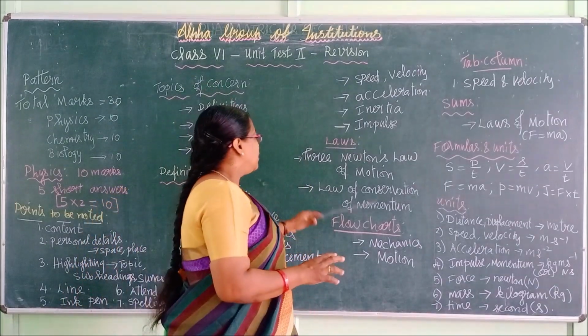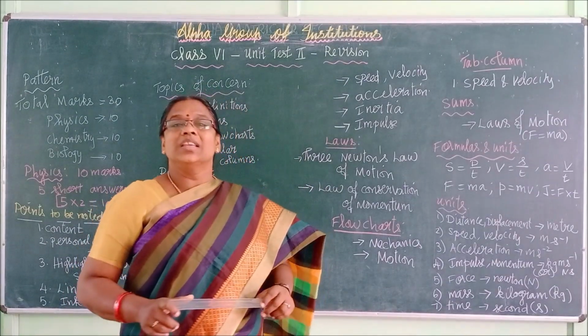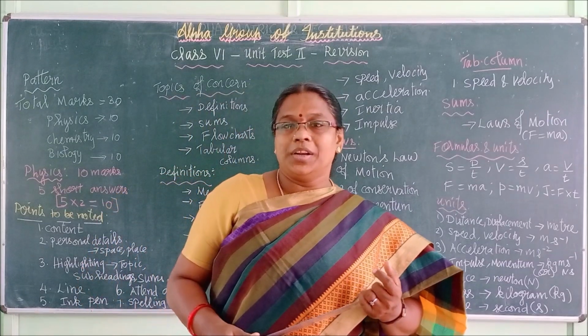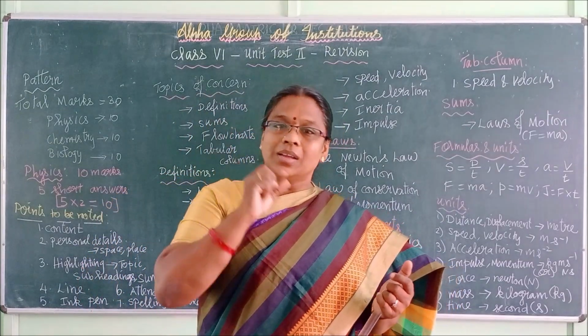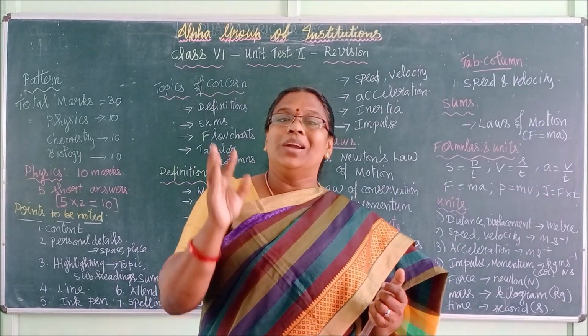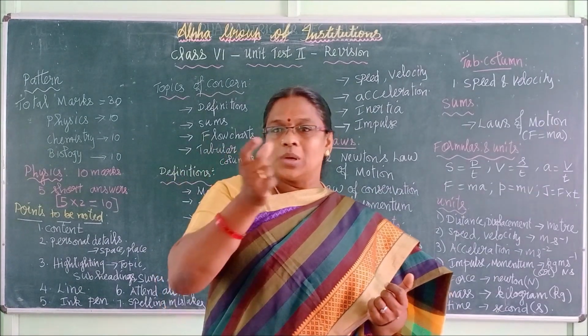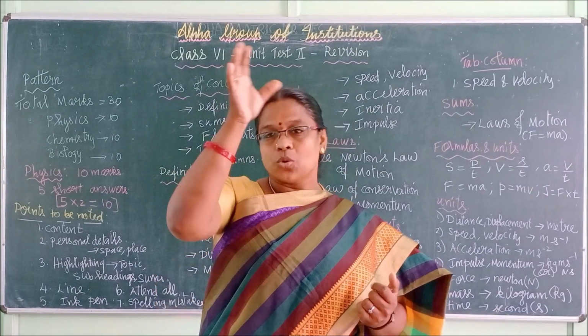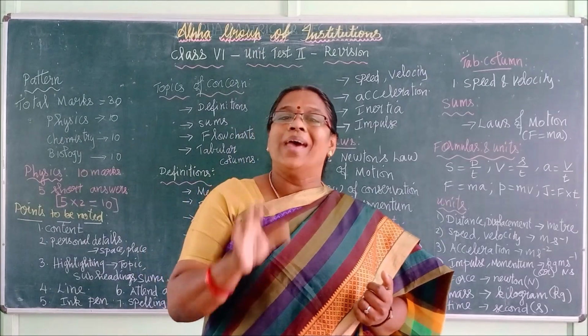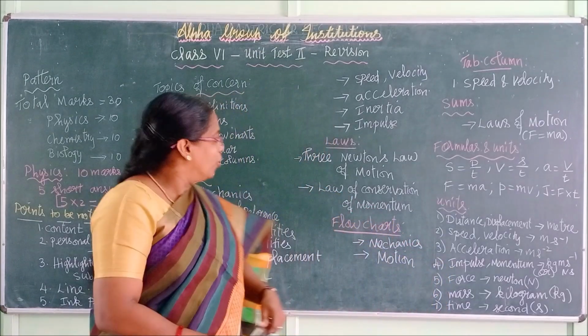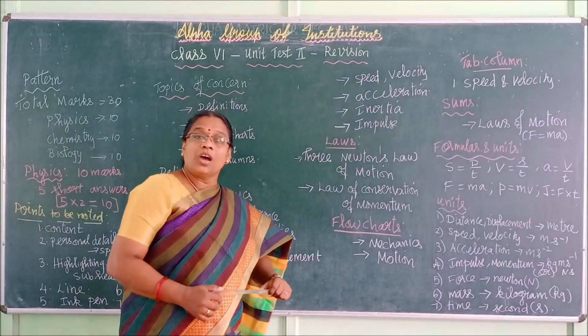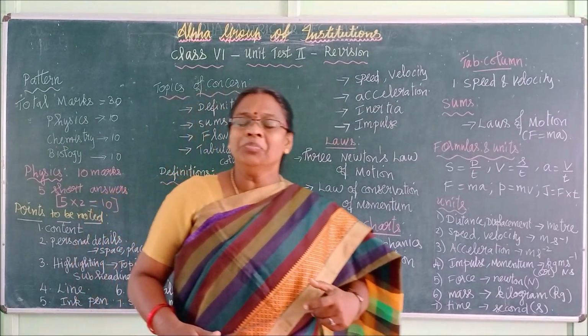Right? What is the third law? Every action has an equal and opposite reaction. So Newton's third law equation: FA is equal to minus FB. So like that I would have given one equation. All the 3 laws are very, very important. Okay. Now we have another law, law of conservation of momentum. What is that?